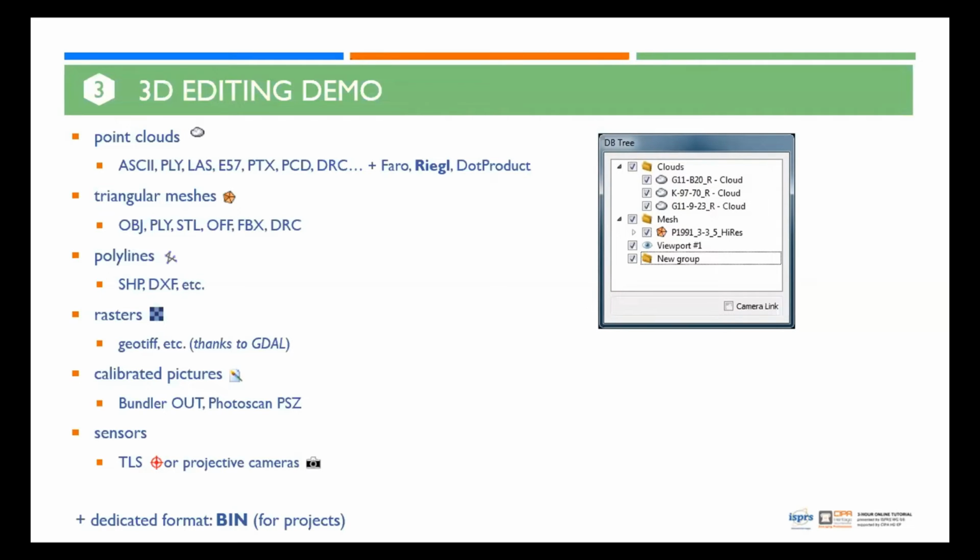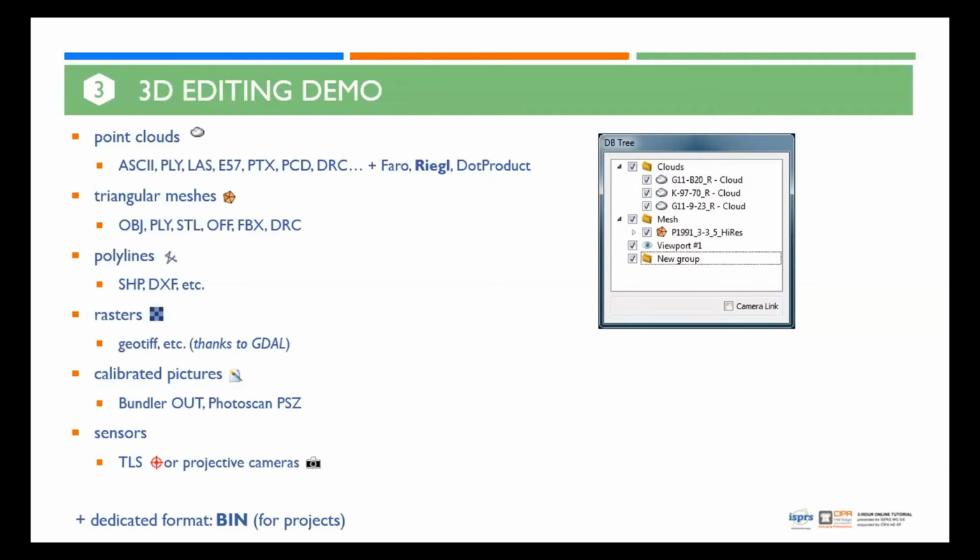Also shapefiles, and for people who use CAD files, we can see that, as I'm going to show even in the demo, the open format of CAD files, such as DXF.